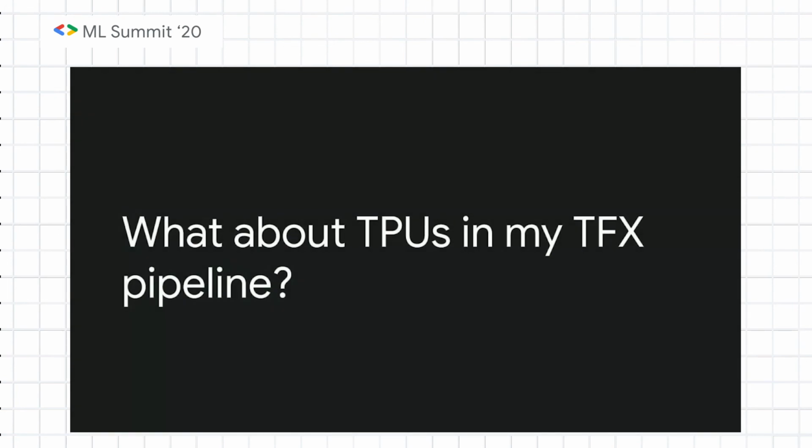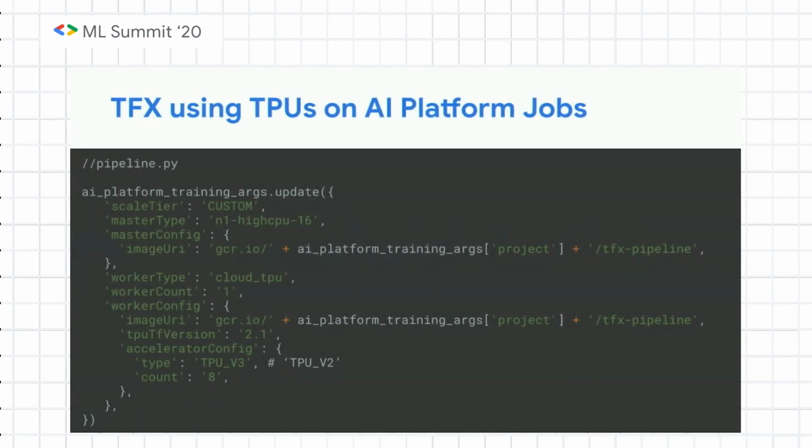What about TPUs? Well, it's not very different from that, except that you don't need to configure any Docker image anymore. As we can see here, we have a master worker and a worker type where we can define our Cloud TPU cluster.